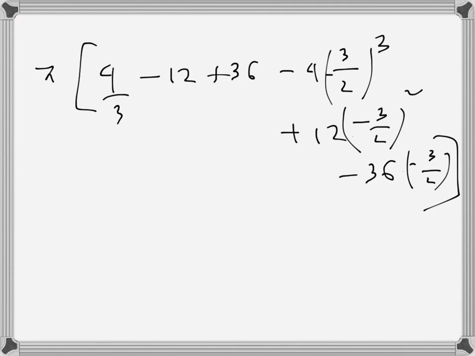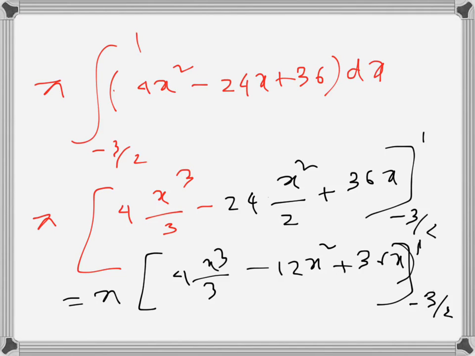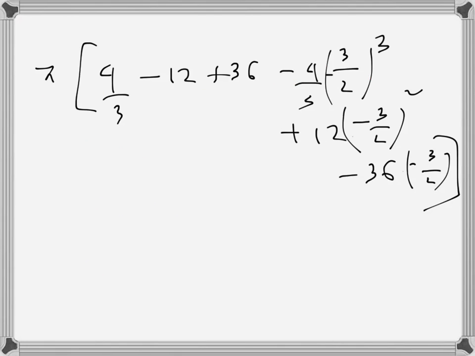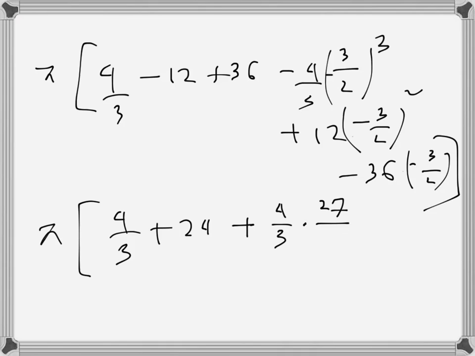This should be 4 over 3 here, also 4 over 3, because this is this one, sorry. So this is now becoming 4 over 3 minus 12 plus 36, then plus 4 over 3 times 27 over 8, and then this one is plus 12 times 9 over 4, and then everything is becoming plus.